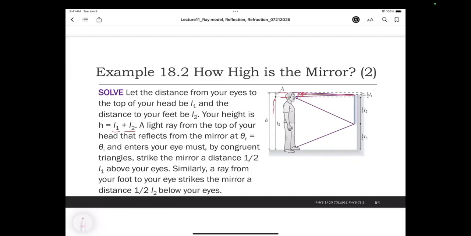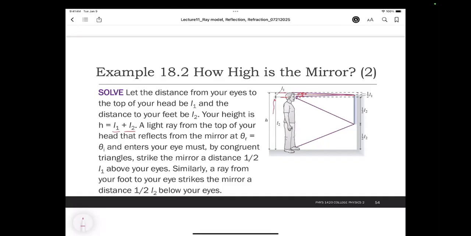The ray that enters your eye must, by congruent triangles, strike the mirror a distance half L1 above your eyes.